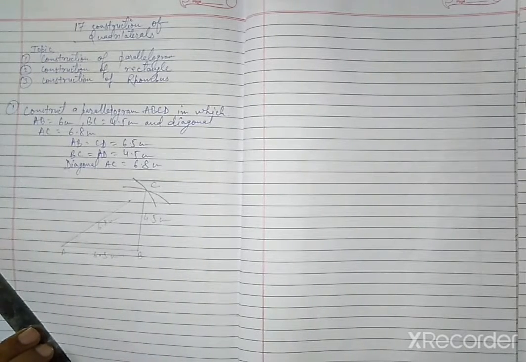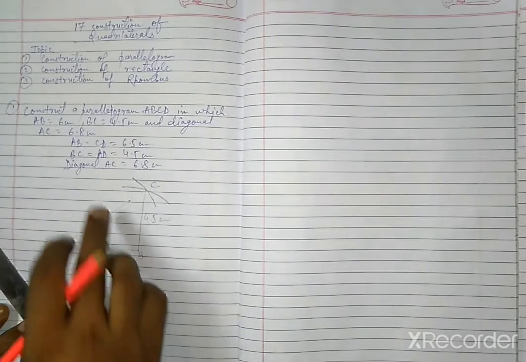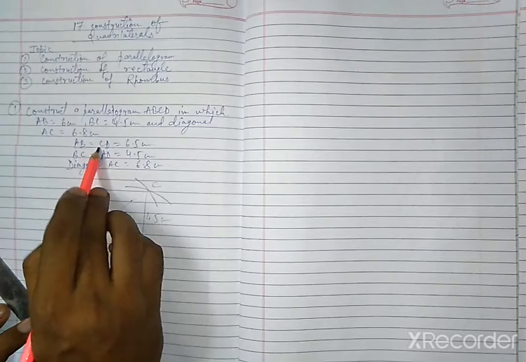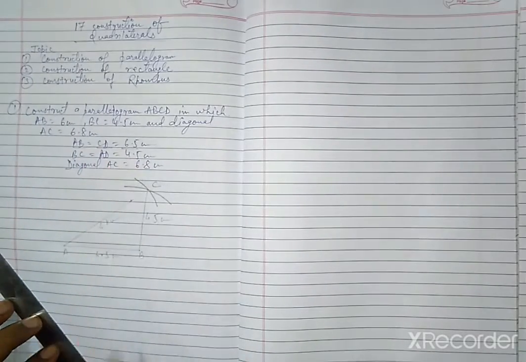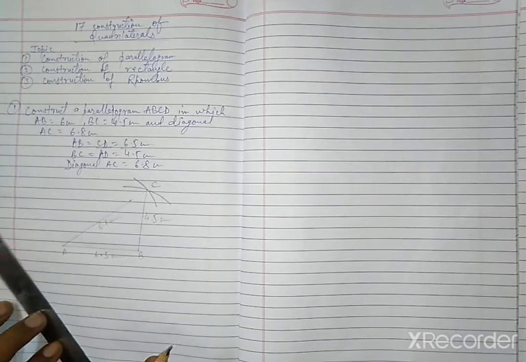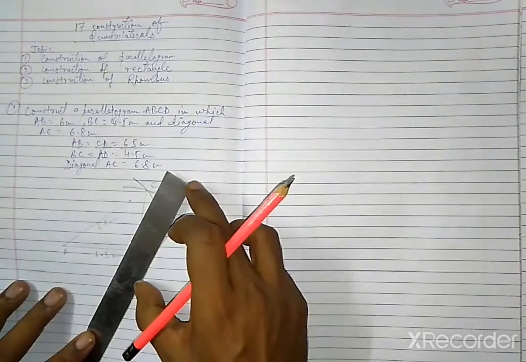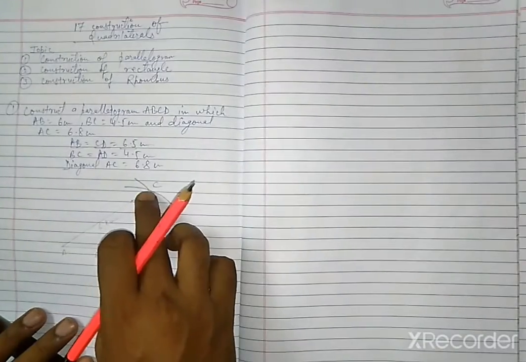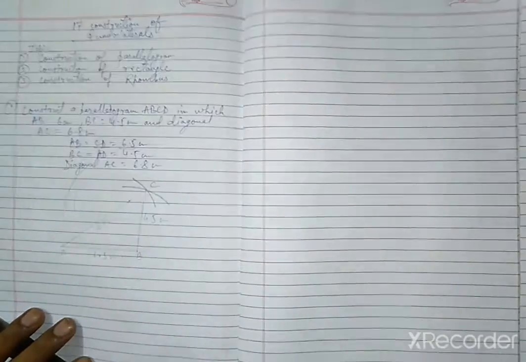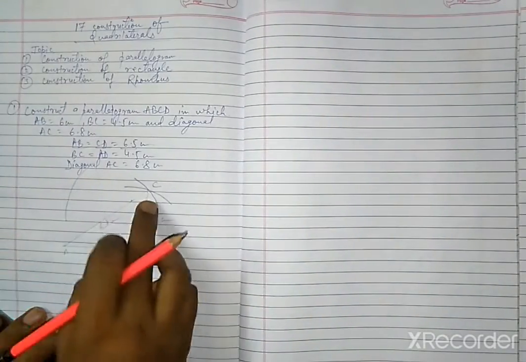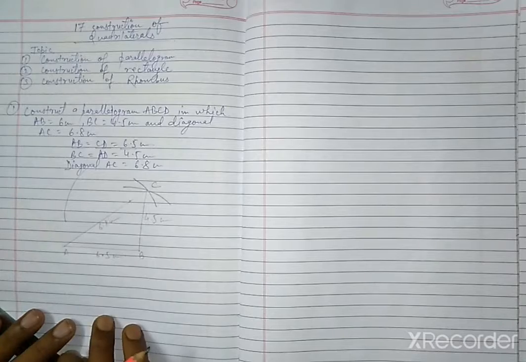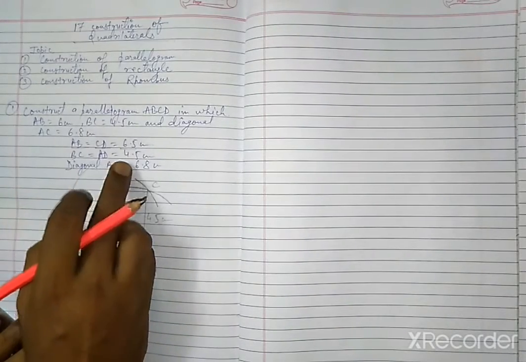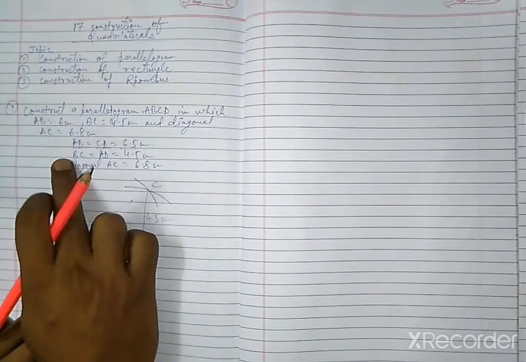Now, since we know that AB is equals to CD and both are 6.5 centimeter, I will once again measure 6.5 centimeter with the help of compass, put it at point C and cut an arc which is away from point C at a distance of 6.5 centimeter. And AD is 4.5 centimeter, which is equals to BC.